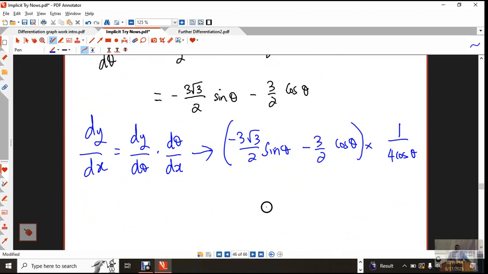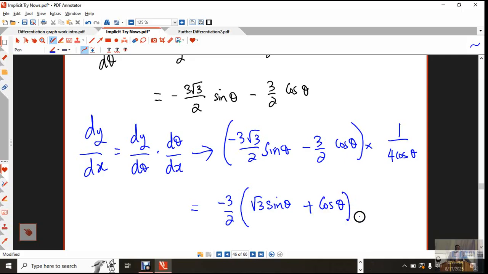Now, it's imperative to know that here you can take out a common factor, and the common factor is negative 3 over 2. Then this is going to leave me with root 3 sine theta minus, just make sure of that. Now I took out a minus, so it's going to be positive cos theta if you do that.